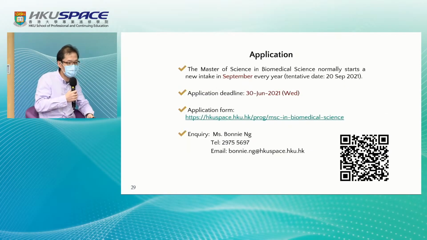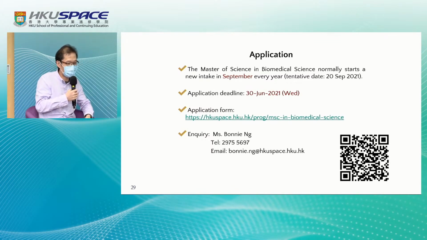The MSc program we normally run once per year. We start on every September. This year, the target start date would be 20 September. The application deadline is the end of this month.